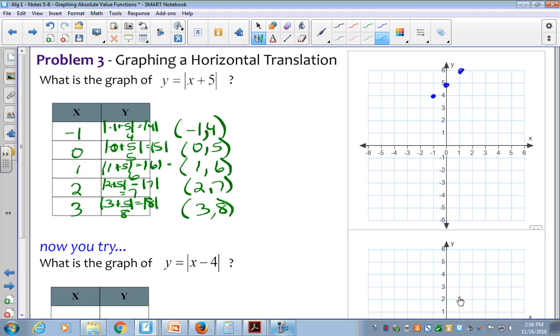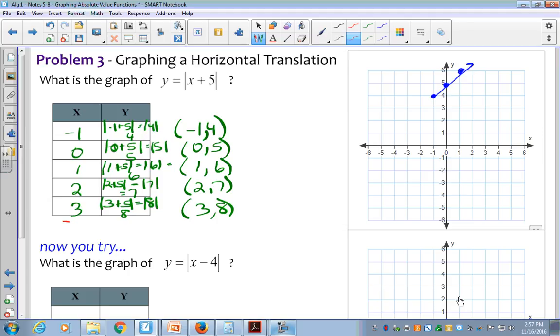Okay, so I need to find out where the corner is, and all I'm doing right now is increasing this way. So we are going to go ahead and try a couple more negative values.